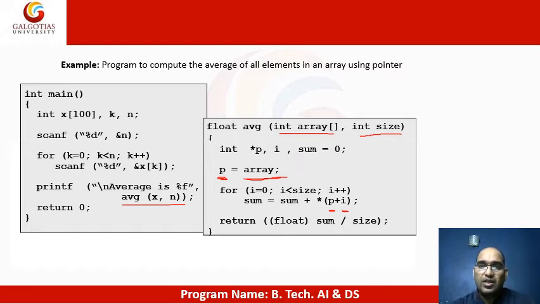That way all the values stored in the array will be added up in sum, and at the end it will return the sum divided by size, which is the average. It will come back to average(x, n) and be printed. So this is how we can access the elements of an array using a pointer.